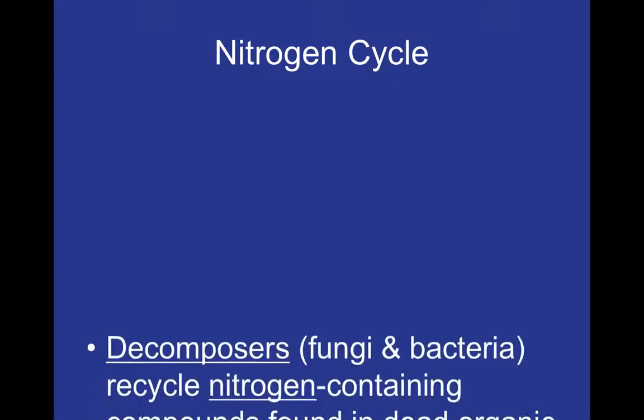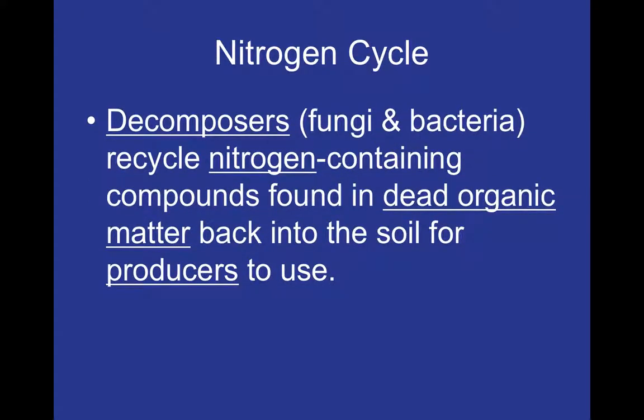The last cycle that we want to look at is the nitrogen cycle, and the key component to the nitrogen cycle are the decomposers. They take the nitrogen-containing compounds in dead organic matter, so dead things, and they put it back into the soil in a usable form for the producers.